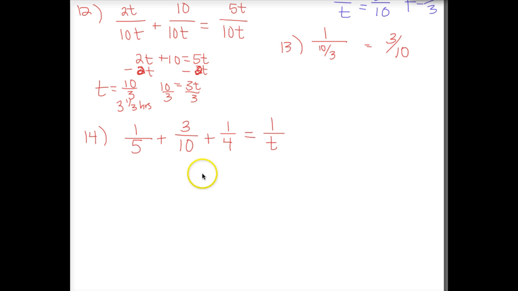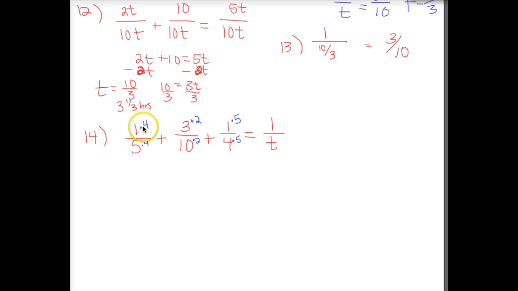This is also a pretty easy equation over here. You could find common denominators between all of them if you wanted, making a common denominator of 20t. However, I'm going to propose that we make it a little easier on ourselves and just add these fractions together and then cross multiply. So if you want a common denominator of 20, that would mean I multiplied this by 4, this by 4 times 2, and this by 5.